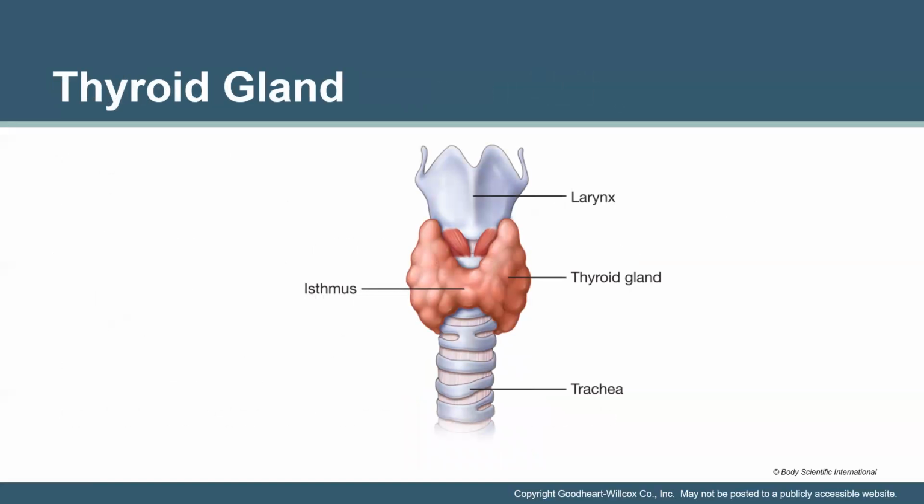Now, our thyroid gland. The picture on page 288. The thyroid itself is bilobed. It has that center bridge part called the isthmus. The larynx sits above it, and your trachea sits below it.